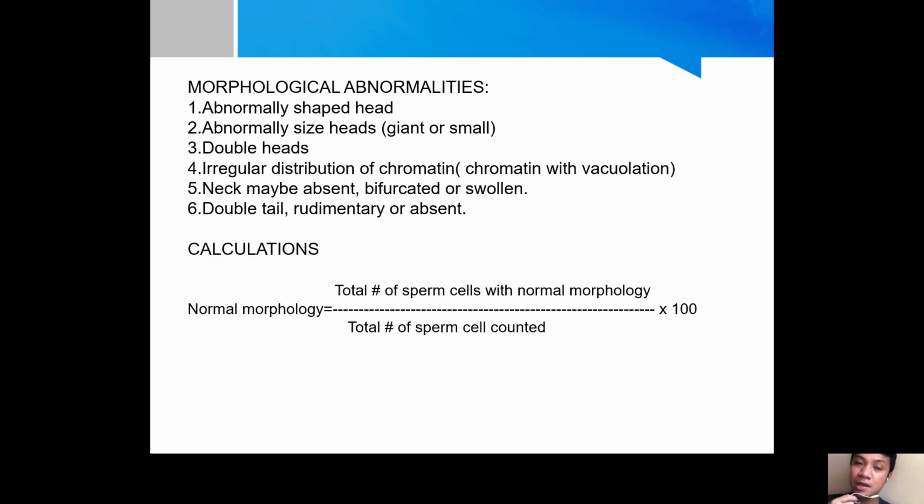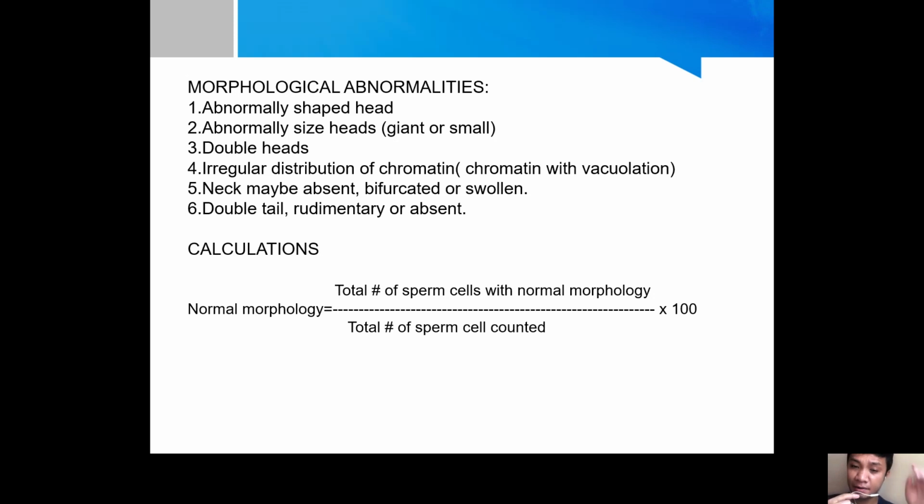So you're going to evaluate 200 sperm cells and see how many of those are abnormal. How do we say it is abnormal? If it has an abnormality in the head, like double head or pinhead, or an abnormality in the tail, like double-tailed.